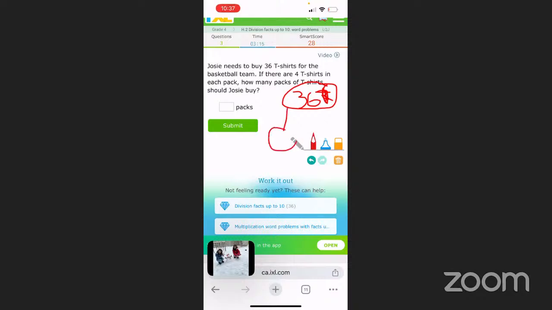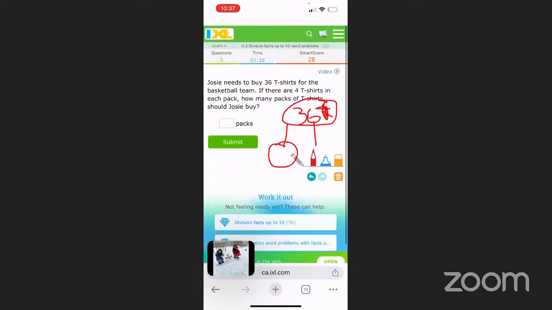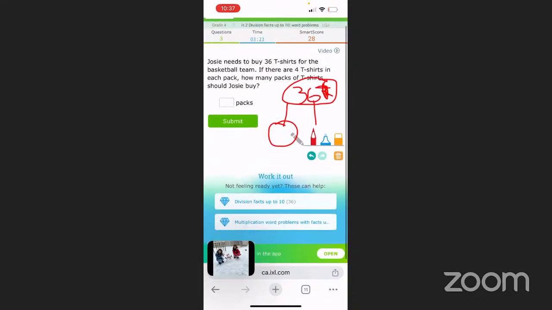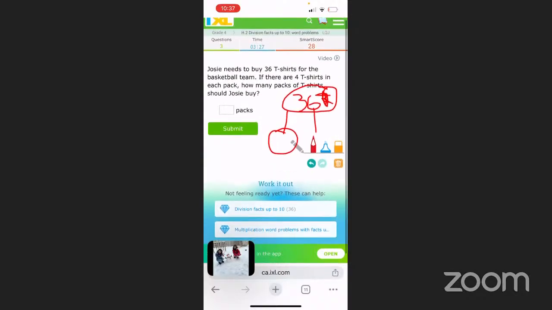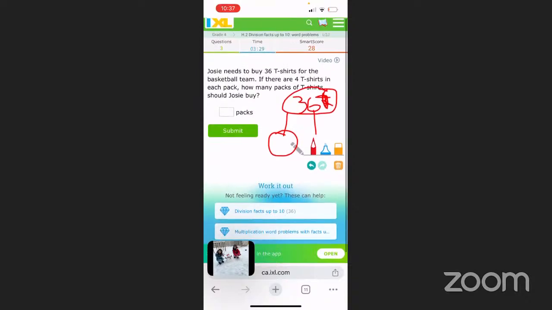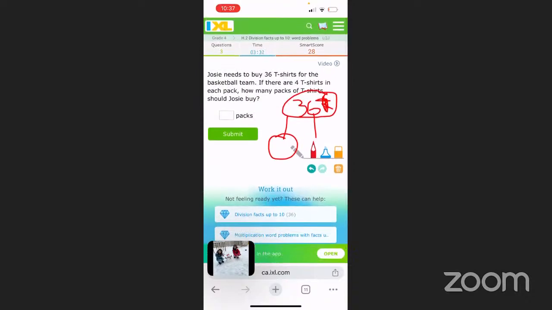Okay, so they're saying if there are 4 t-shirts in each bag, how many should they buy? So how many parts can we have? Let's see, 36. We don't know how many groups we can put them in. So we know that 36 divided by 4 t-shirts will give us the number of groups we need, right? We don't know. So can you do that, Nyla?